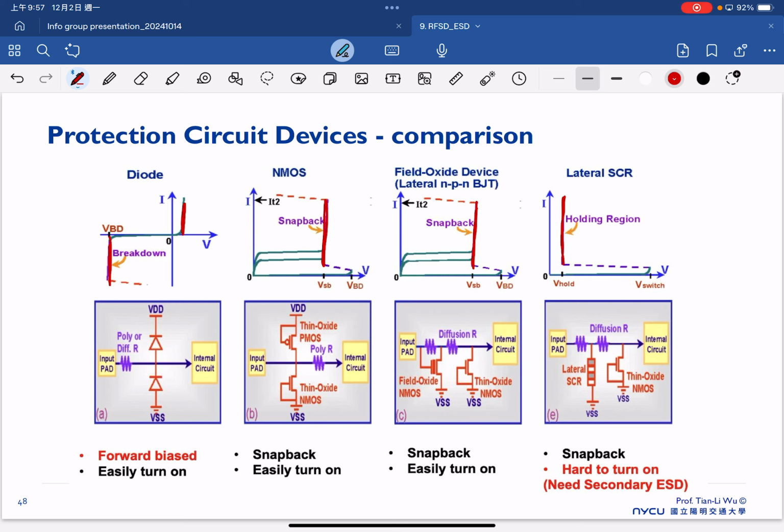So for example, if we only talk about this diode, it's forward biased and easily turned on, and it's a very simple architecture. Also, if we talk about this MOS, then we consider the snapback effect here. And for the lateral silicon control rectifier, we also consider the snapback effect, but it's hard to turn on, so usually we need this secondary ESD. So these are the three we have introduced.